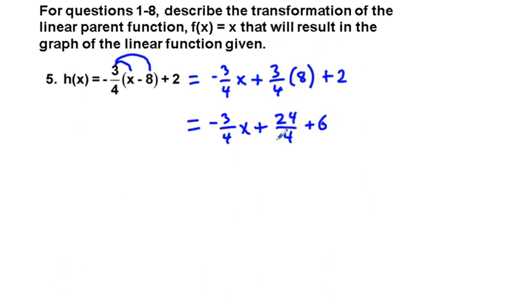So we have -3/4 x plus 24 divided by 4 is 6, plus 2, and that's going to be -3/4 x plus 8. So that's going to be h of x.